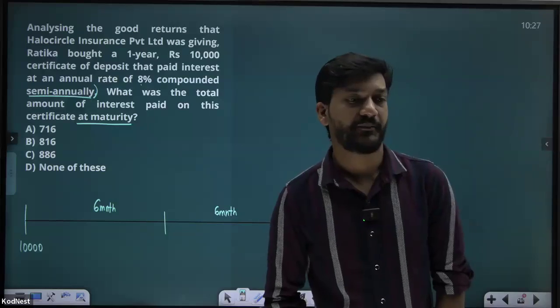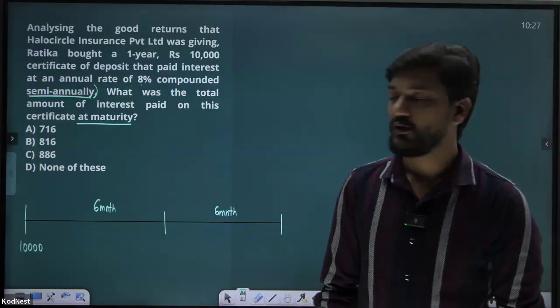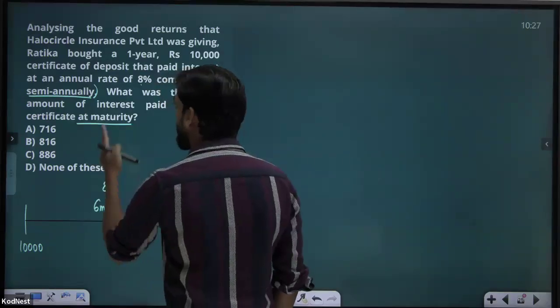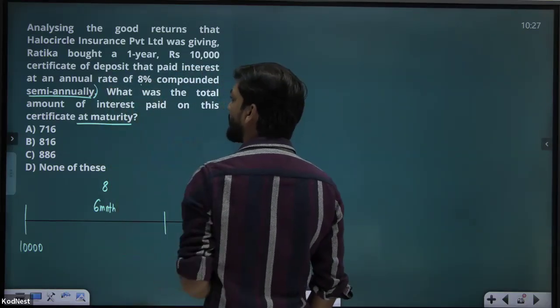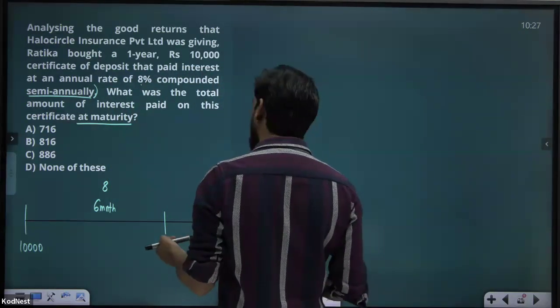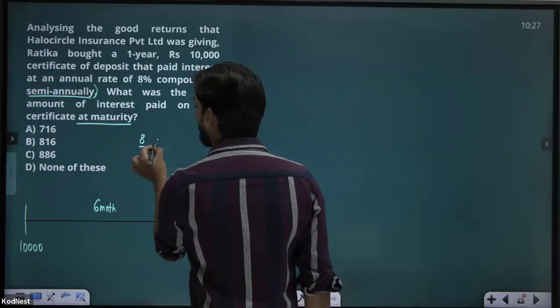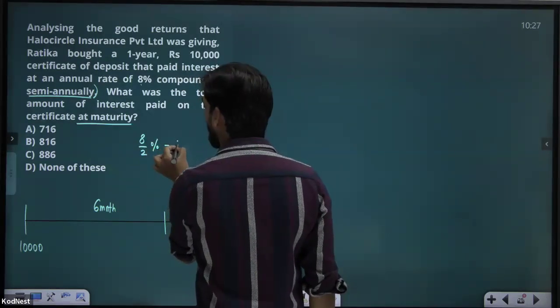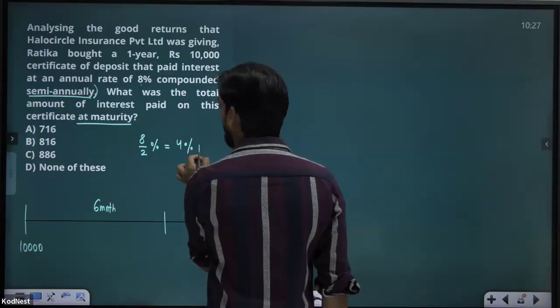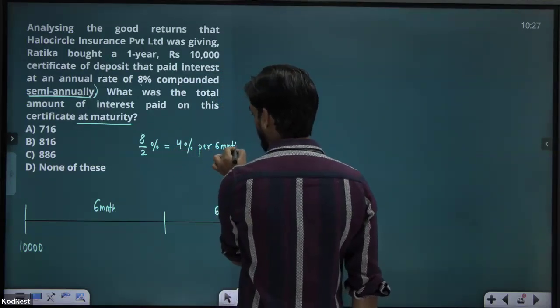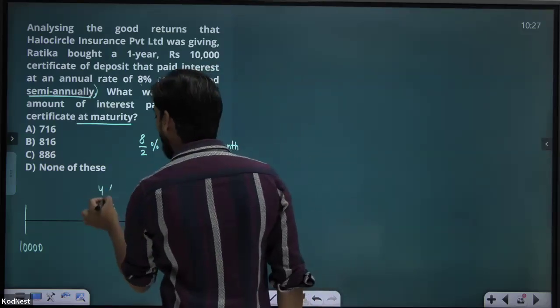Is it right? No. 8% you will take if it is 1 year, because 8% is annual rate, that is per annum. So you will not take 8%, you will take 8 by 2%, that is 4%. 4% per 6 months. So 4% you will calculate.